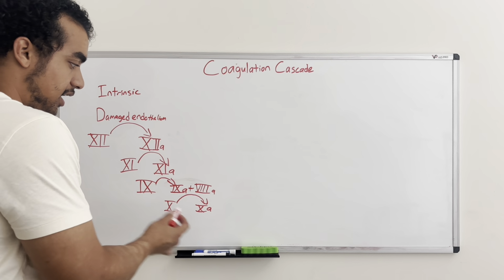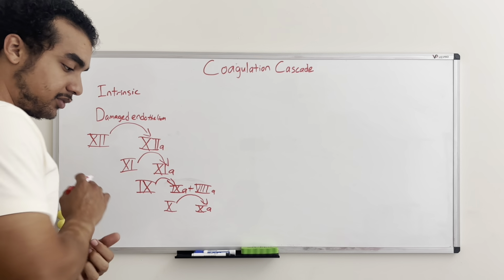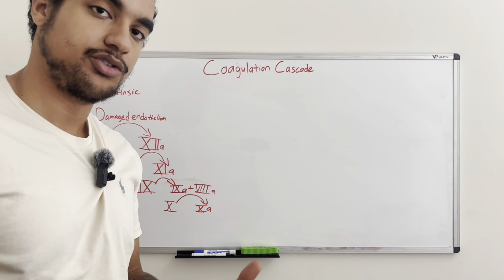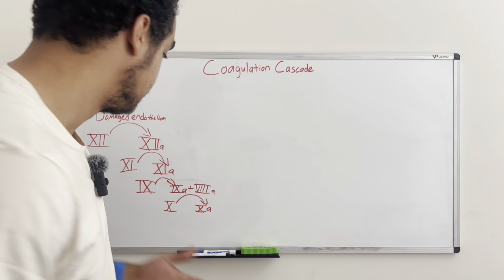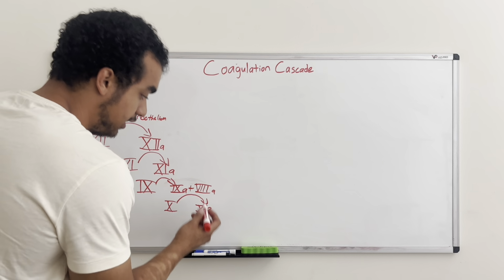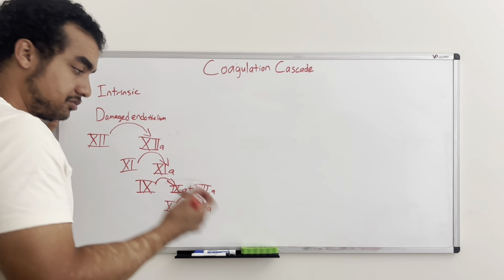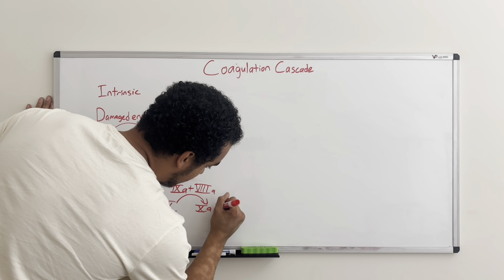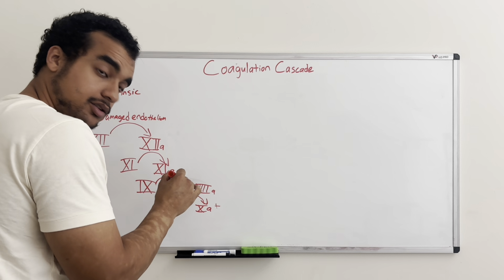So, after activation of factor 10, what do you want to do? You want to activate prothrombin, which is factor 2, or the precursor to thrombin. So, in order to do that, you're going to be doing the same thing. It's going to bind a cofactor, not factor 8 though.